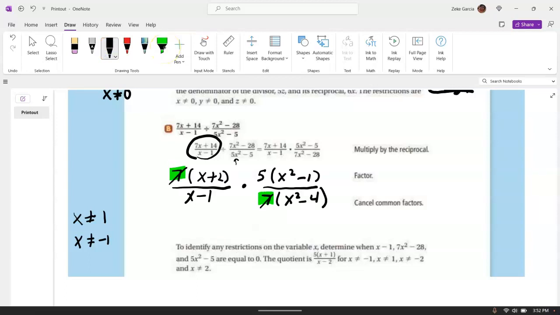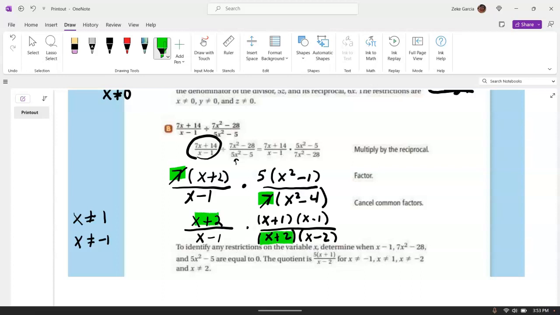Now we're going to factor x squared minus 1, so you have x plus 2 over x minus 1 times x plus 1, x minus 1, and then you have x plus 2 times x minus 2, because these are the factors of x squared minus 1: x plus 1, x minus 1. And the factors of x squared minus 4 are x plus 2 and x minus 2.